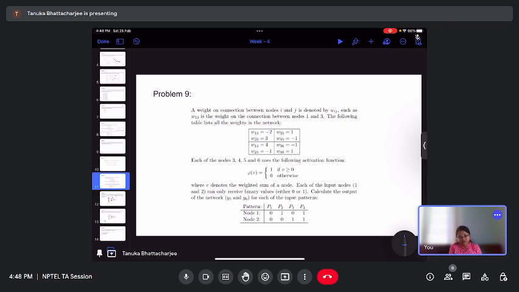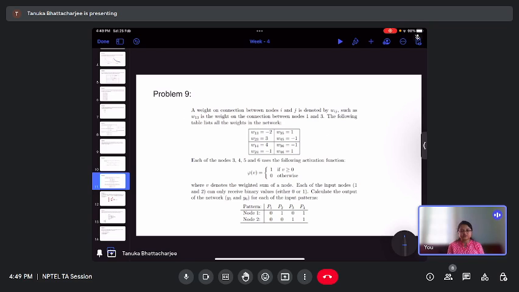Now here what is the problem? The weight on the connection between nodes i and j is denoted by wij, such as w13 is the weight on the connection between nodes 1 and 3. All the weights are given in this chart. Each of the nodes 3, 4, 5, 6 uses the same thresholding function as the activation function, where v is the weighted sum of a node.